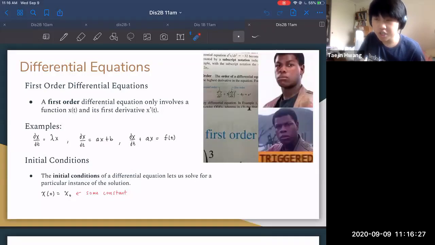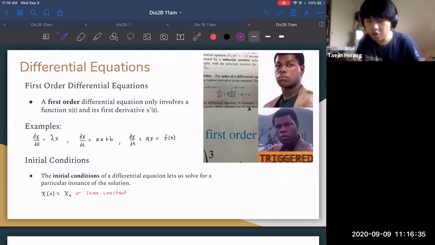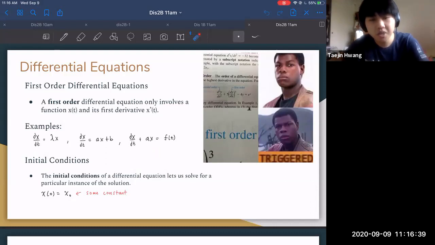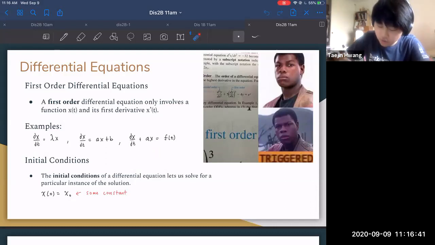And I think starting next week, you'll see something of the form dx dt plus ax is equal to some function of t, but that's for next week. But these are all considered first order differential equations because they all involve the first derivative of x and x.